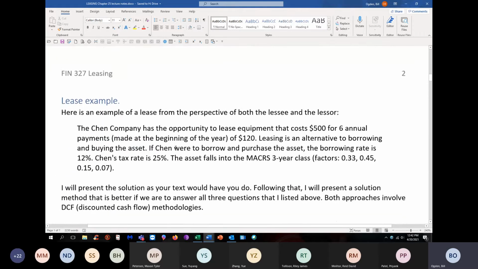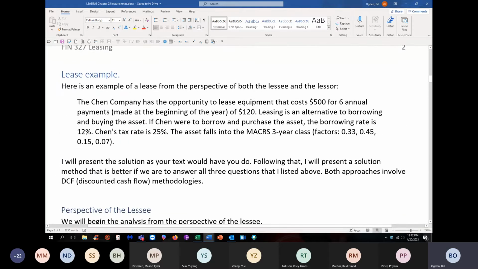I have an example. Now, the Chen company has the opportunity to lease equipment that costs $500 for 6 annual payments made at the beginning of the year of $120. Leasing is an alternative to borrowing and buying. If Chen were to borrow and purchase the asset, the borrowing rate would be 12%.